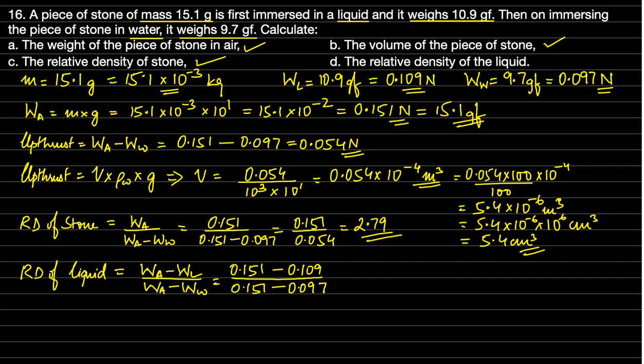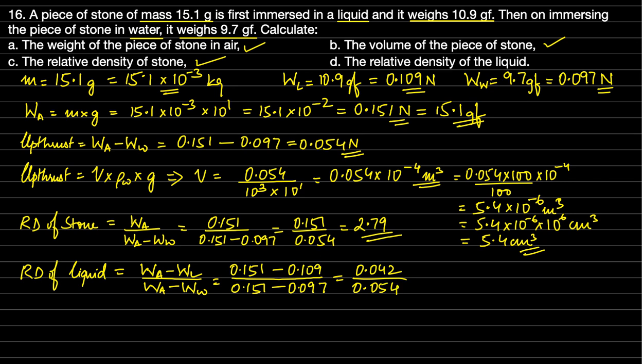So 0.151 minus 0.109 gives us 0.042. So we get this as 0.042 divided by 0.054.